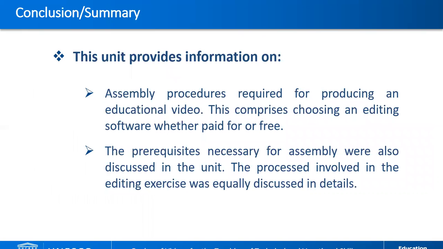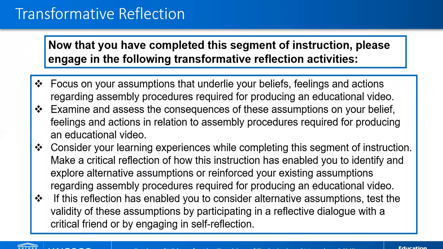This unit provided information on assembly procedures required for producing an educational video. This comprises choosing an editing software, whether paid or free. The prerequisites necessary for assembly were also discussed in the unit. The process involved in the editing exercise was equally discussed in detail.